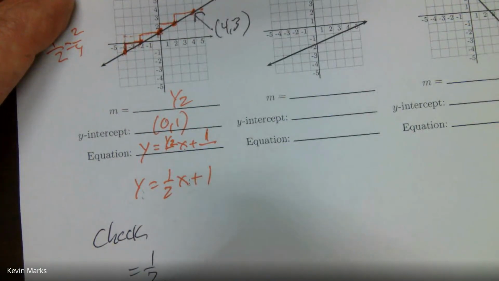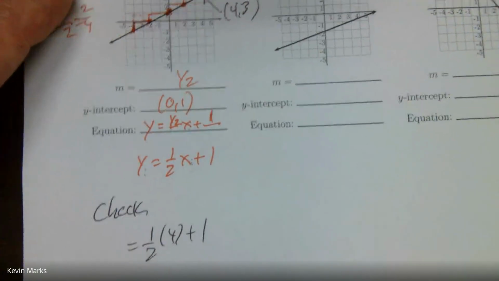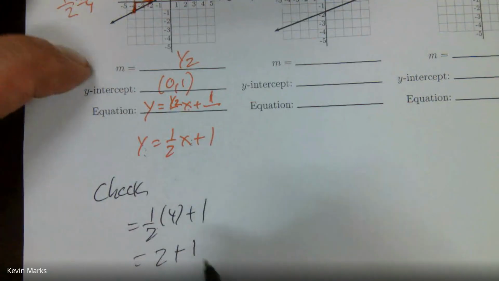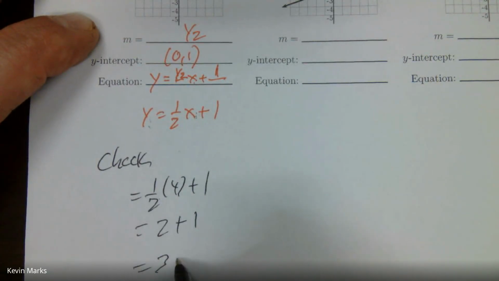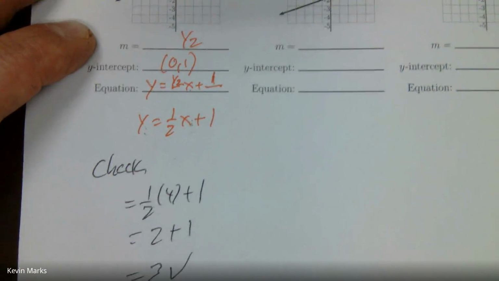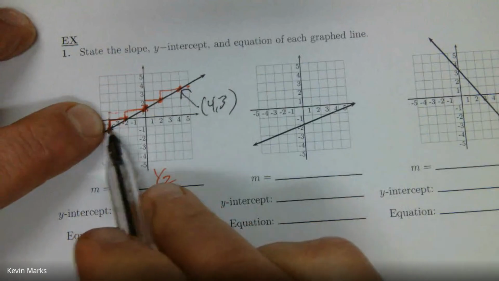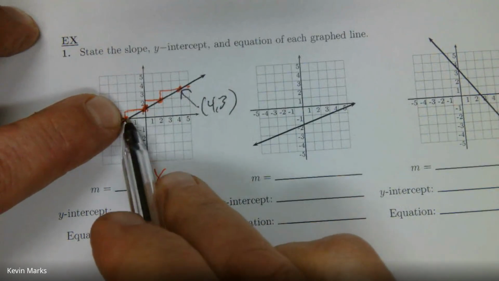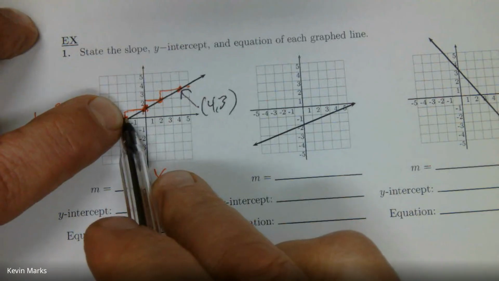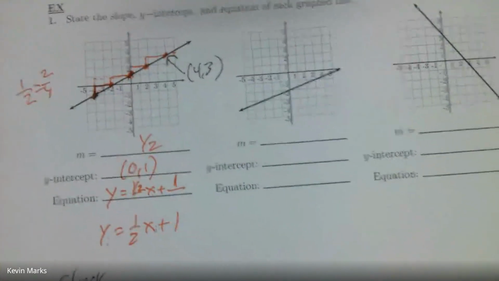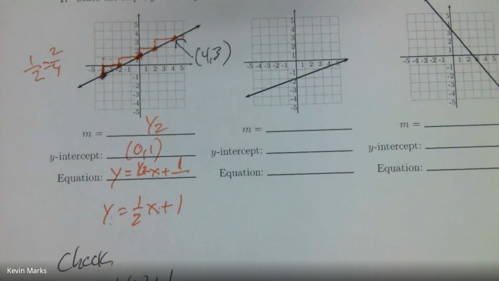So you could plug in 4 and see what happens. Well, half of 4 is 2, plus 1 is indeed 3. It's working. You could pick other points too. If you plug in -4, you better get -1 out. If you plugged in -2, you better get 0 out. If you plugged in 2, you better get 2 out. It's up to you if you want to check it, but it couldn't hurt.